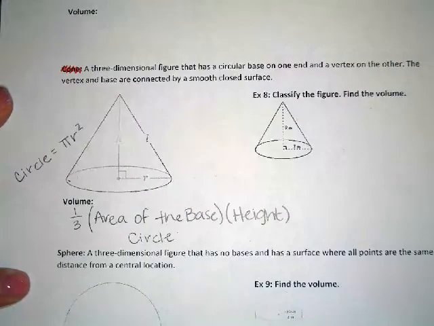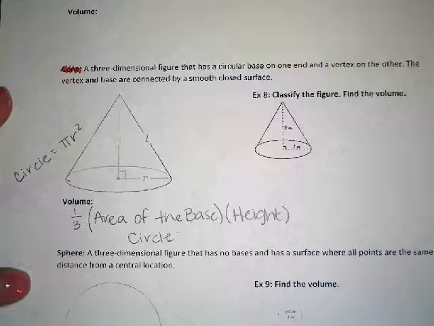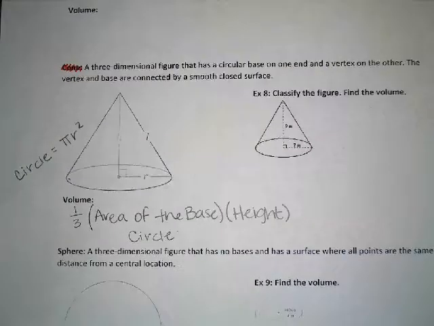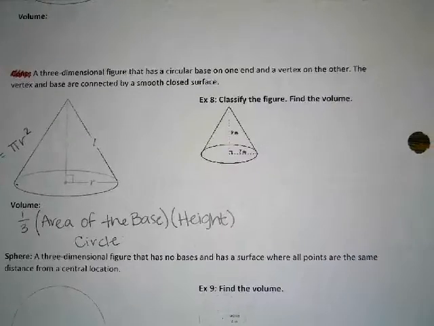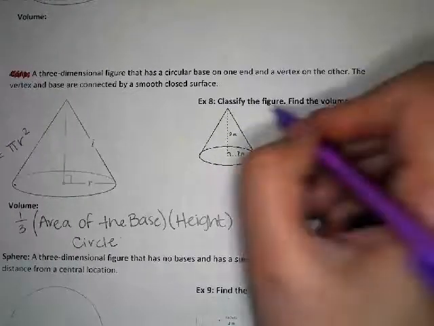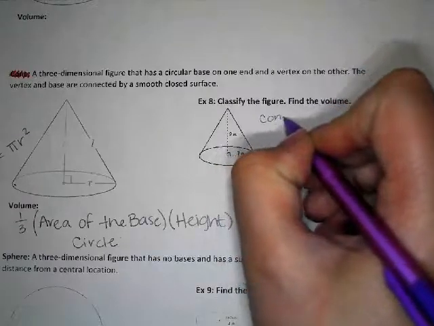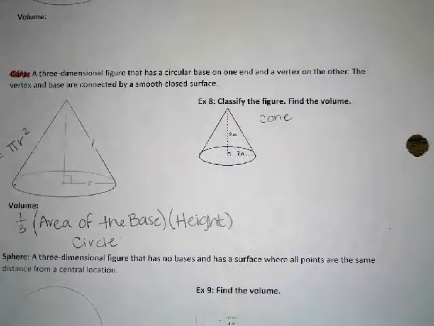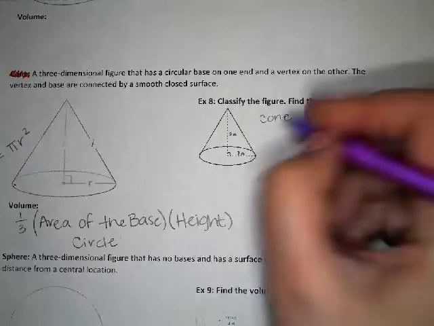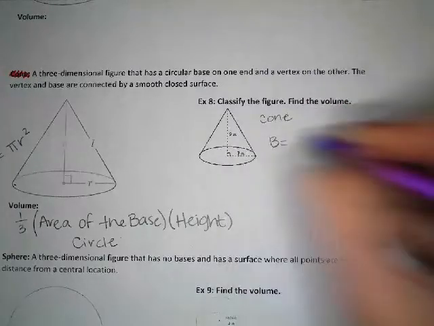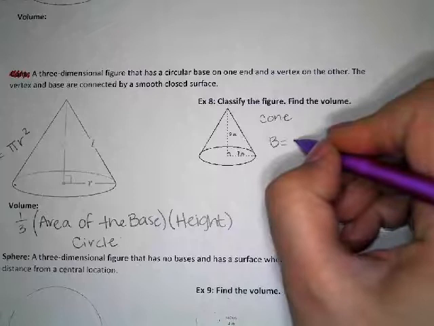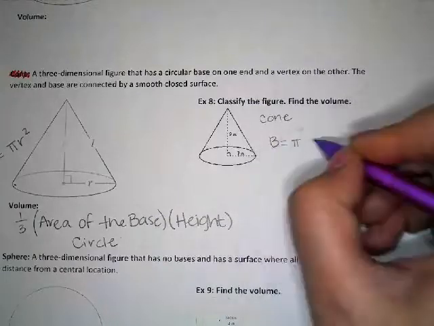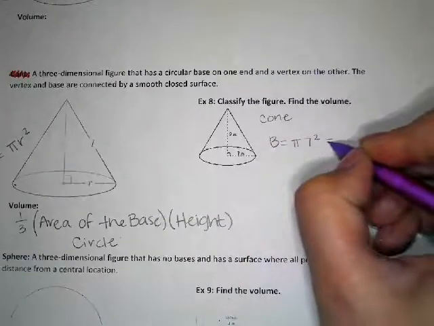Okay. So a cone is very similar to a pyramid, just like a cylinder is very similar to a rectangular prism. 1/3 times the area of the base times the height. So if we go over here and we classify the figure, we're going to say, oh, this is a cone. And we're going to find the volume of this cone. So first I'm going to find the area of the base, which is going to be pi times r squared.